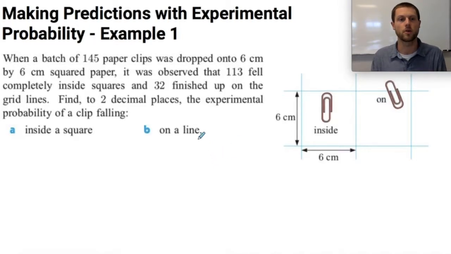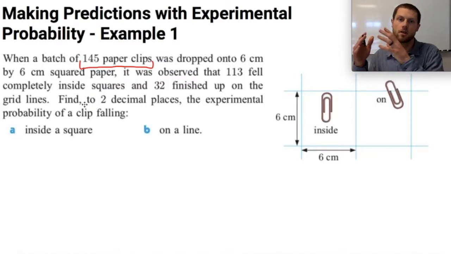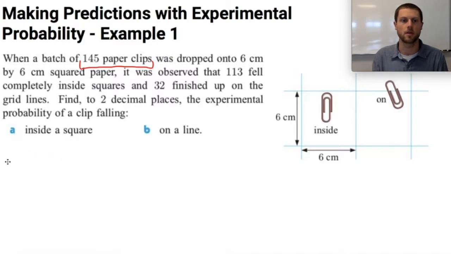So what we can do here is we want to find the probability of a paperclip falling inside the square and on a line. And so what we need is the total number of paper clips. This is my total number of experiments or trials. And then we need the amount that were successful or matching with the outcome that we're looking for. So if we want to find the experimental probability of being inside the square, we're going to take the number that fell inside the square, which is 113.